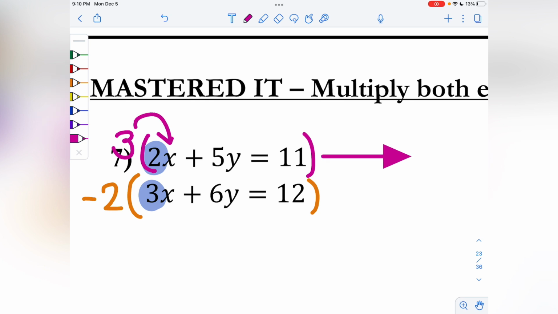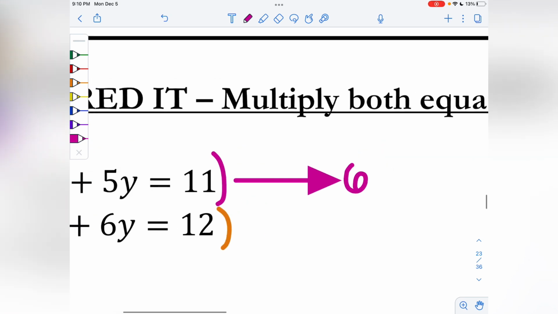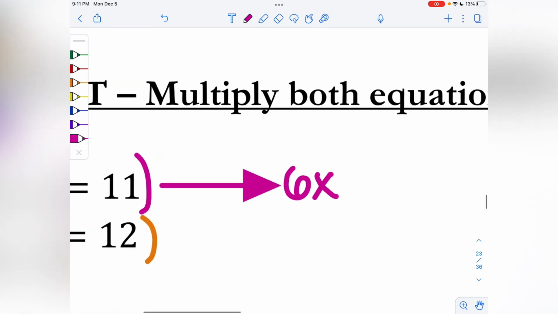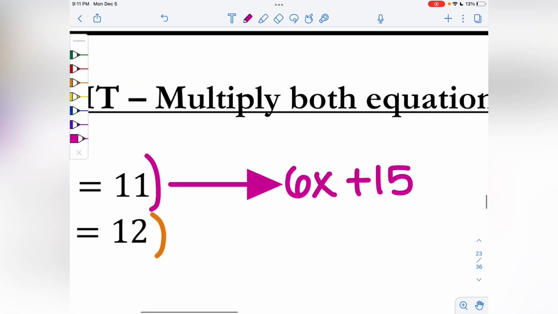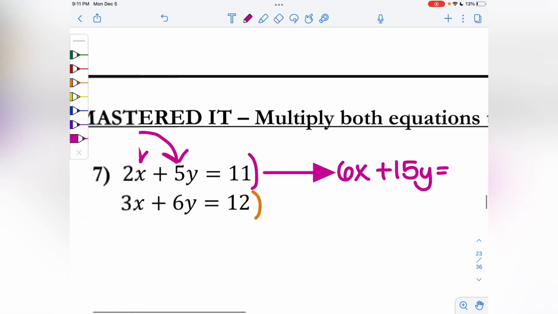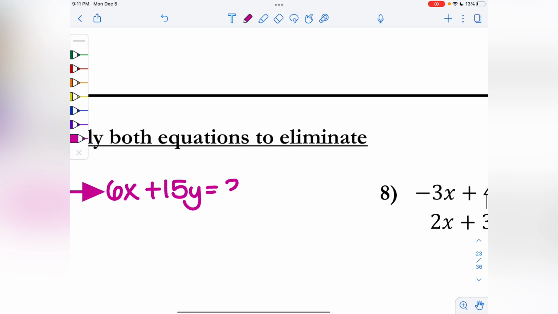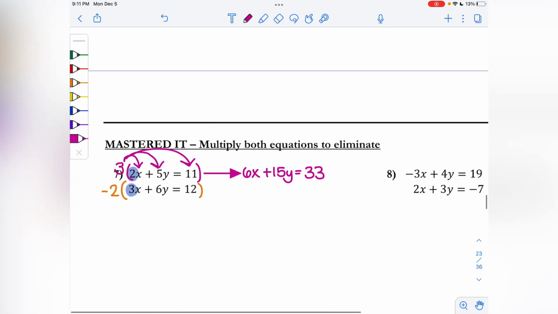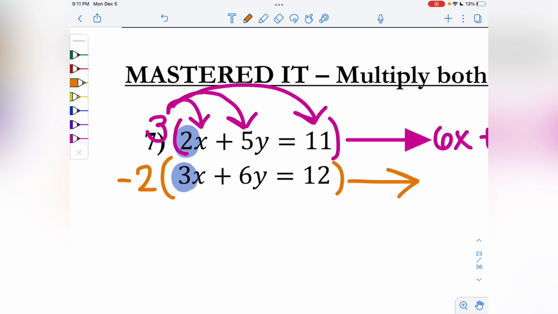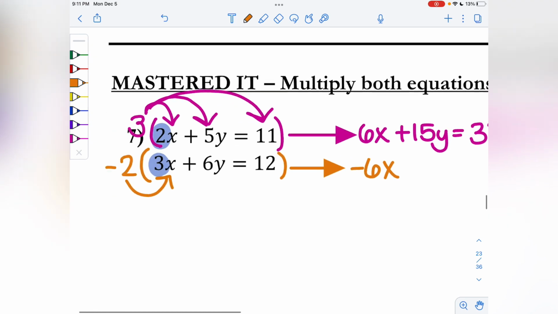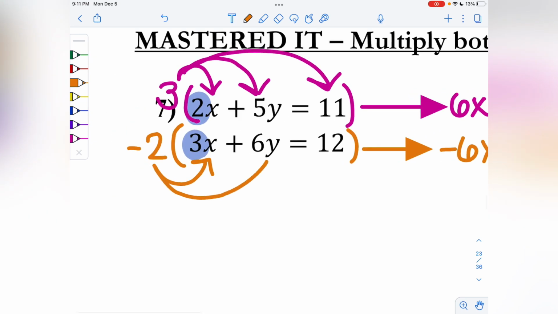So 3 times 2 is 6x plus 15y equals 33. And for the orange, we're going to distribute. Negative 2 times 3 is negative 6x. So now you can see why I had to do that negative, because those x's will cancel.